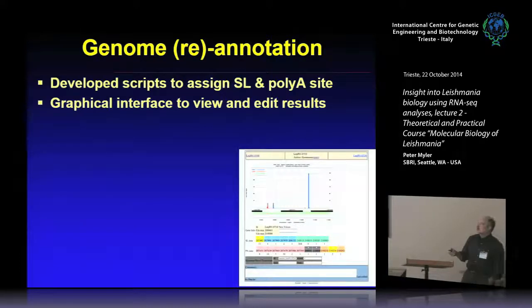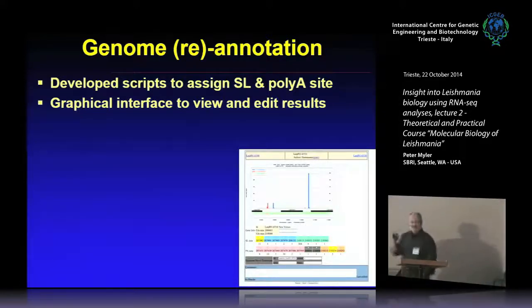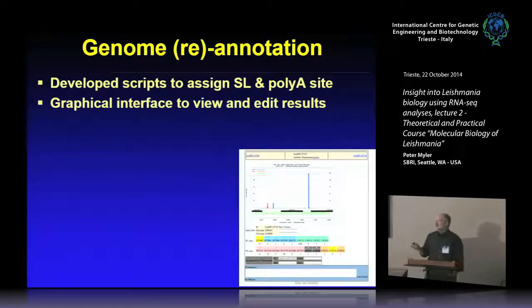And then we developed a graphical interface to view those results. We went through and looked at all of them individually, by eye, to see whether the predicted splice leader site and polyA site were actually correct or not. Here's an example of what the viewer looked like. This is the protein coding sequence.